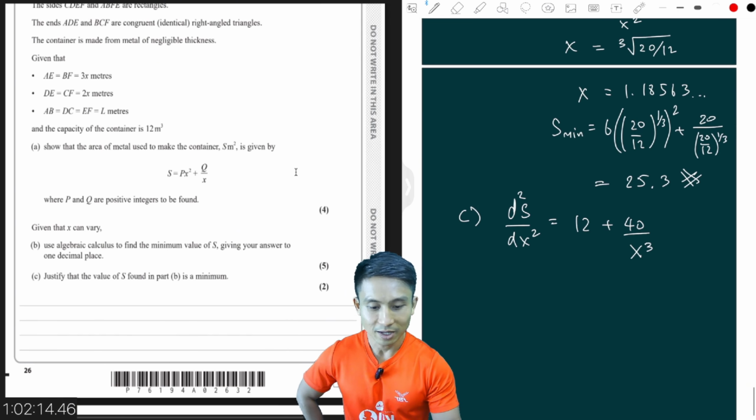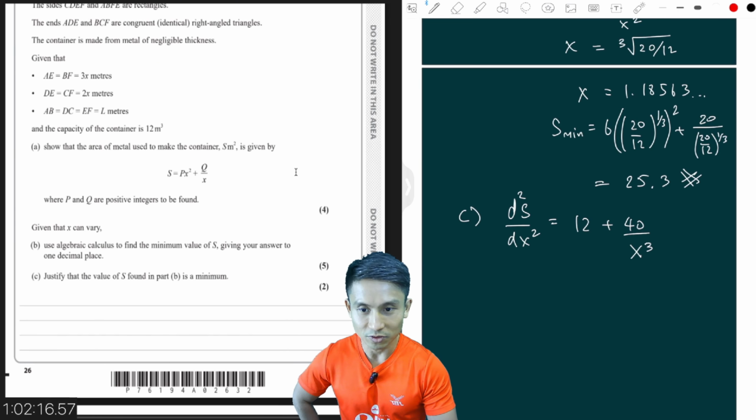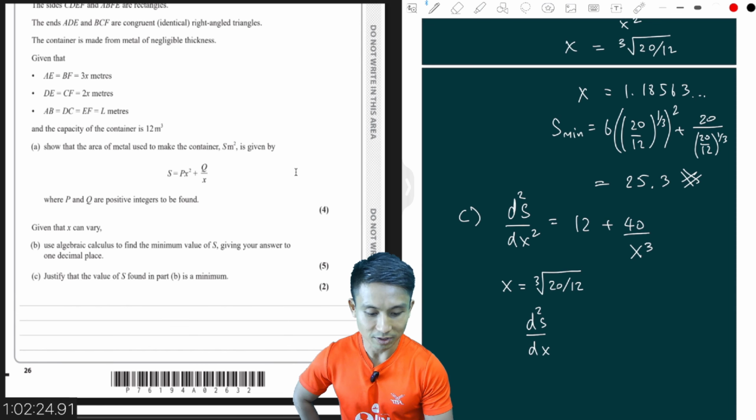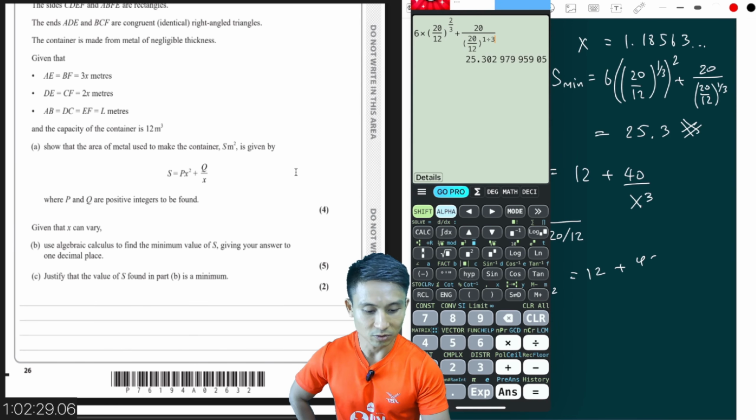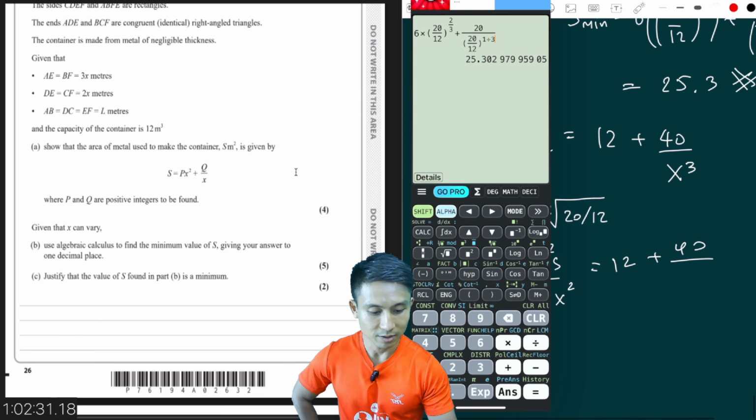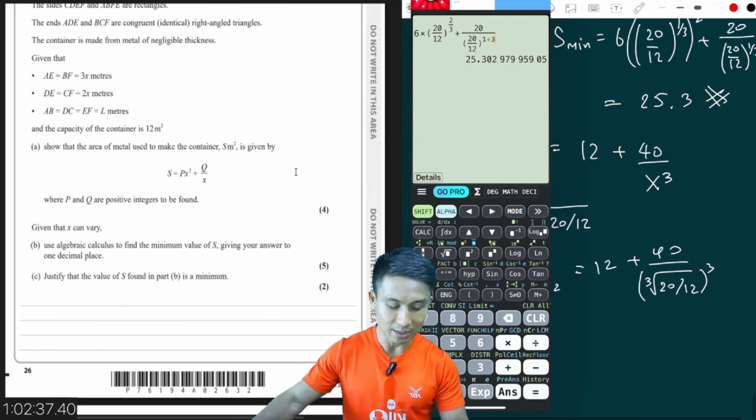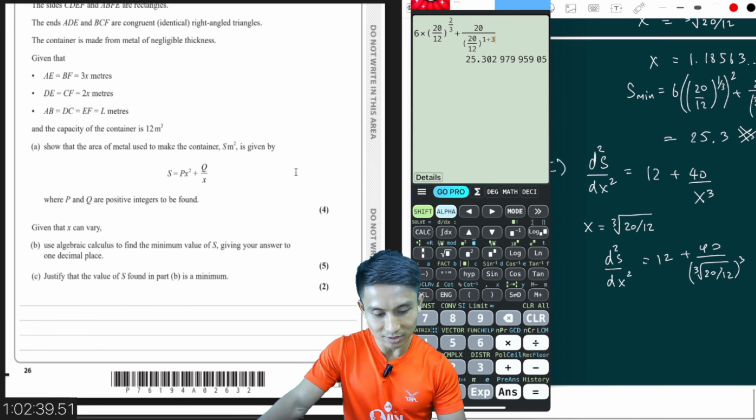And you have to make x equal to that to check if it gives you positive or negative here. Okay. So 12 plus 40 divided by that. Oh, so the third cancels, because this is power of 3.